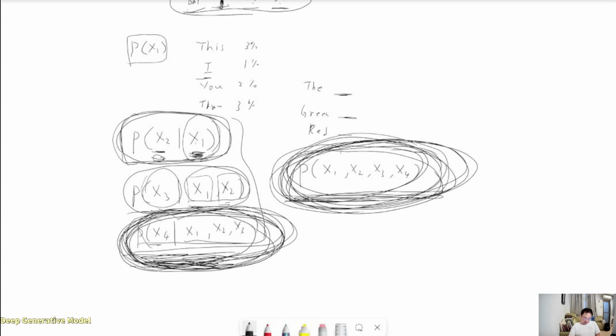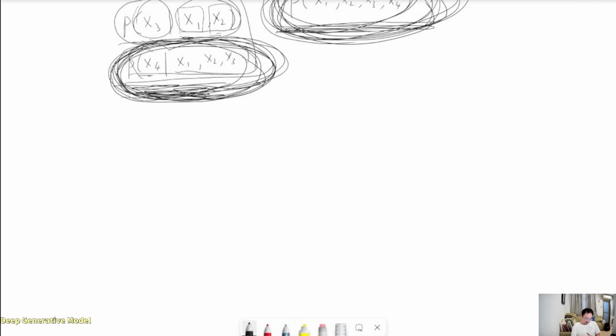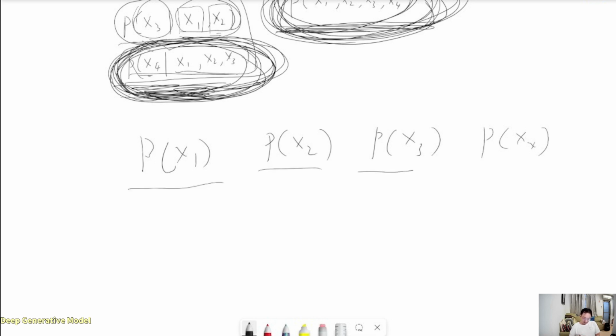In contrast to the models that only consider all these guys, if we only do the statistics or construct the frequency table for these guys, this is not enough.